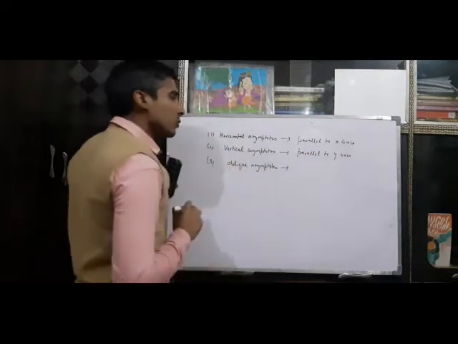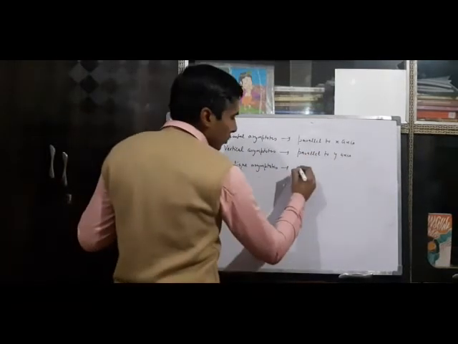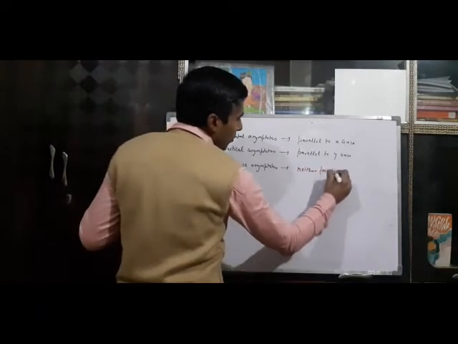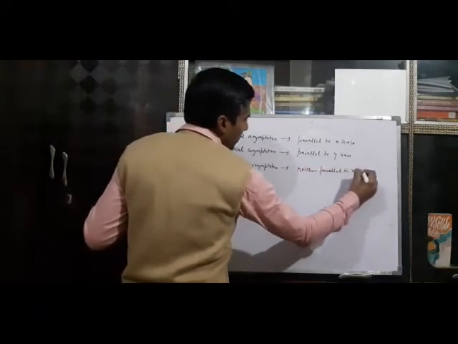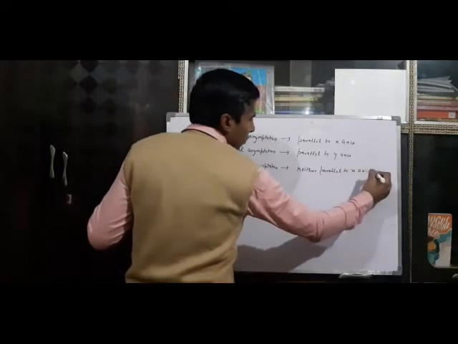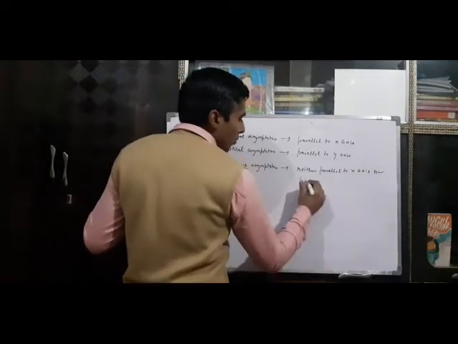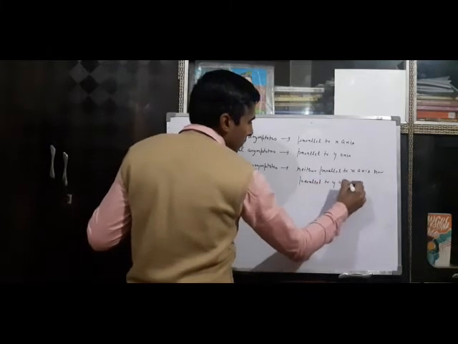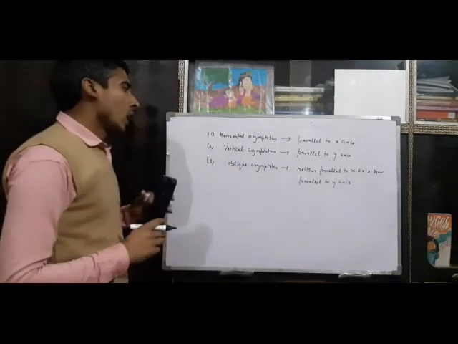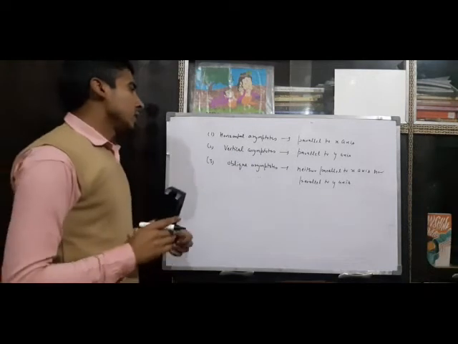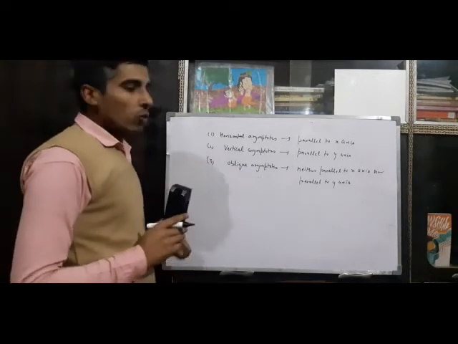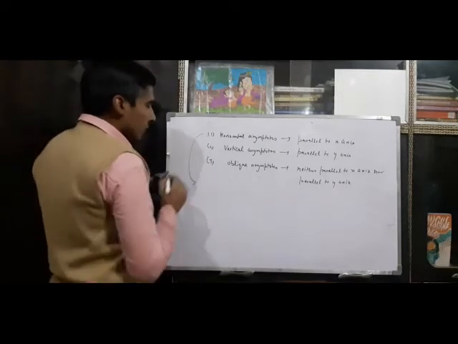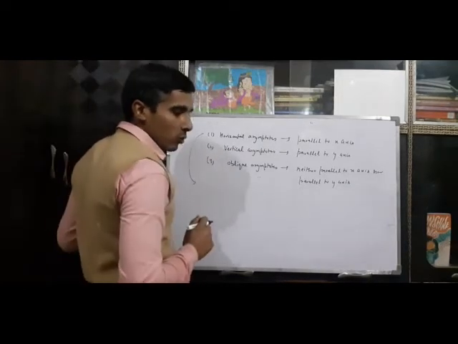Now oblique asymptote means an asymptote which is neither parallel to x-axis nor parallel to y-axis. Now the question is, how can we determine these three types of asymptote to a given curve? So let us start with horizontal and vertical asymptote.